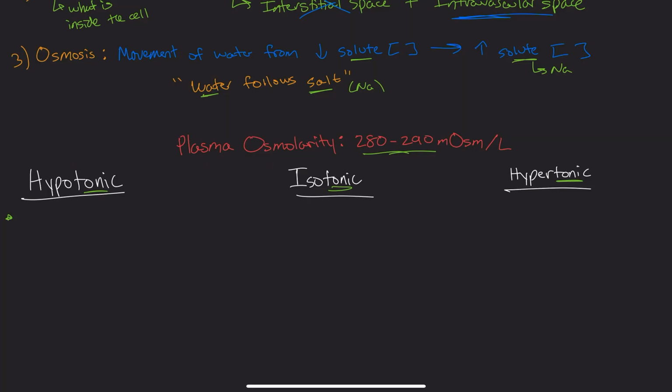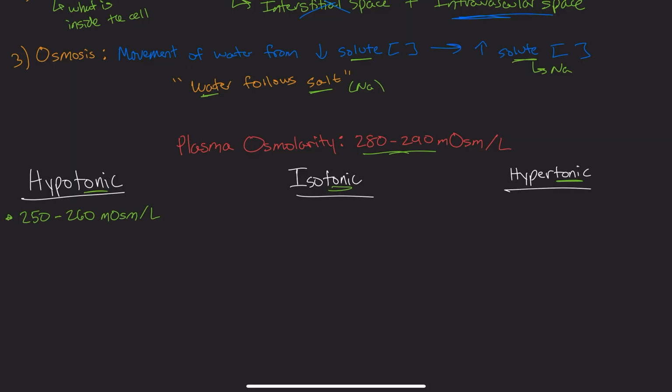So we know this is going to be lower than the plasma osmolarity of 280 to 290. These fluids, give or take a little bit, are generally between 250 and 260 milliosmoles per liter.